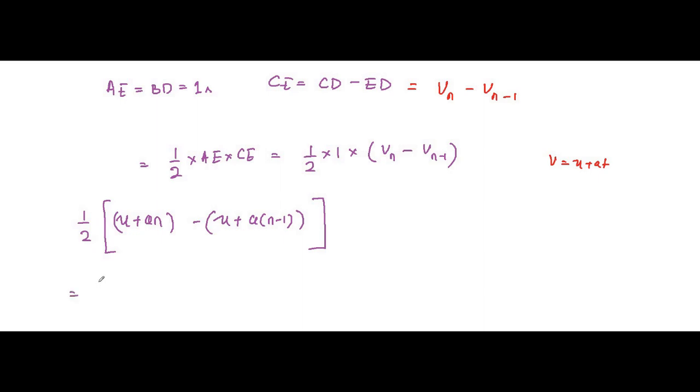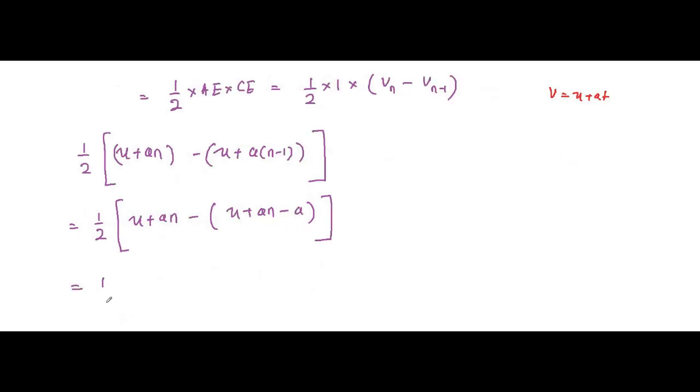So that is 1/2 into U plus An minus U minus An plus A. Here U minus U gets cancelled, plus An minus An gets cancelled, and that is equal to A by 2. So the area of triangle ACE is equal to A by 2.